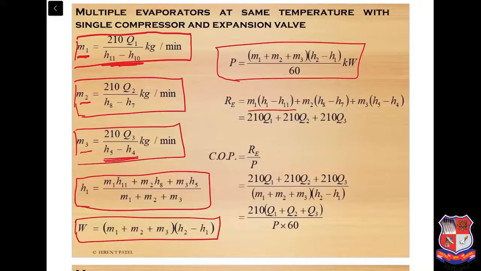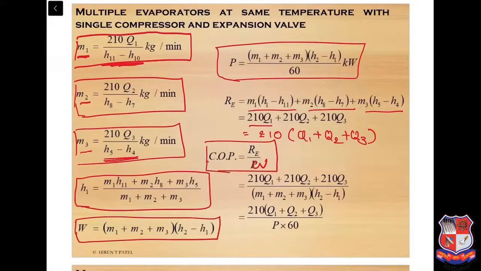So refrigerating effect is M1 into H1 minus H11 plus M2 into H8 minus H7 plus M3 into H5 minus H4, or 210 into Q1 plus Q2 plus Q3, and COP is refrigerating effect divided by W. So COP equation remains same, that is refrigerating effect by work done, but the difference in refrigerating effect is there for each and every system.